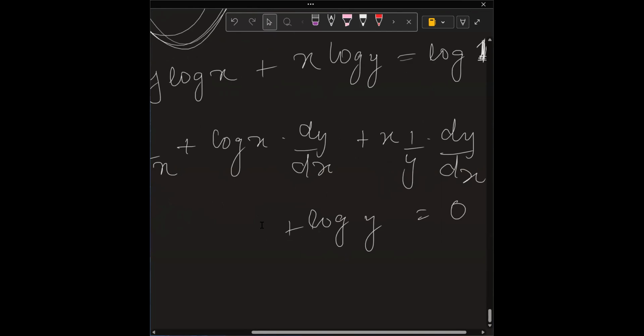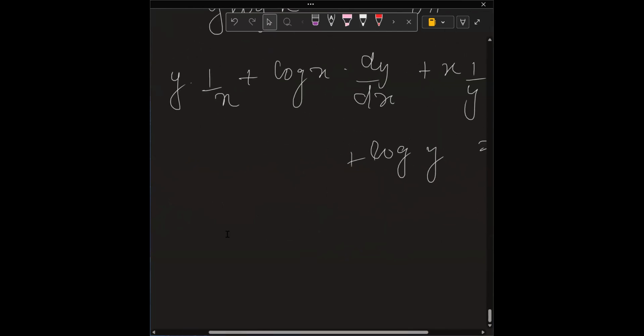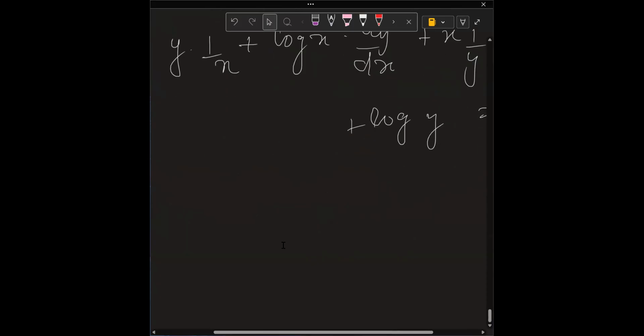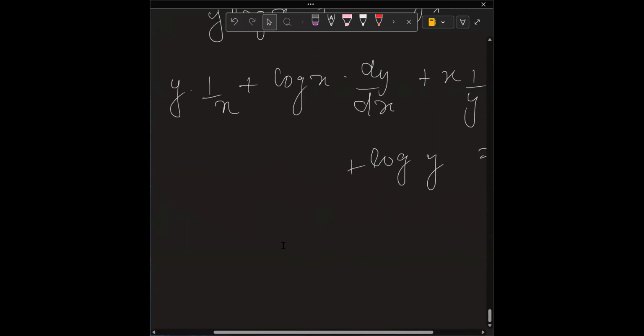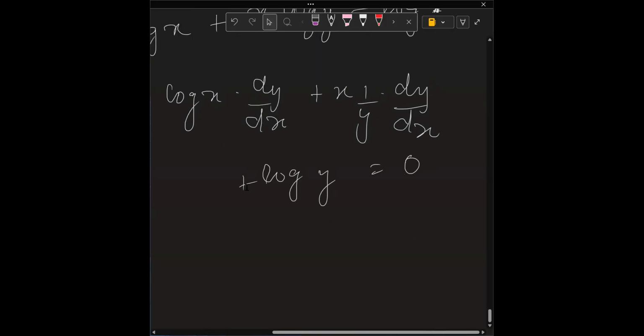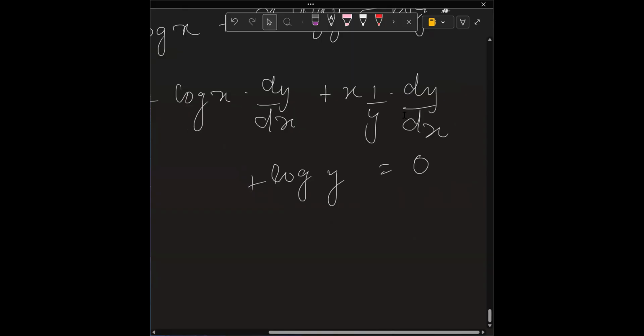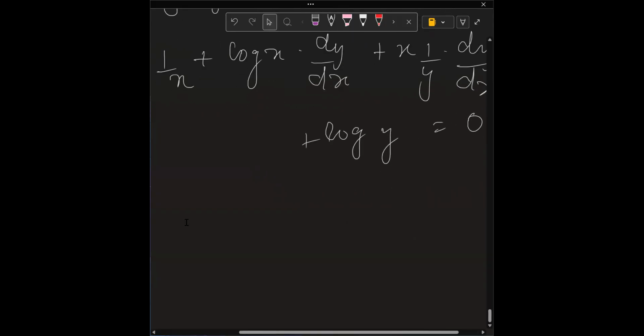So now let's combine all the elements. Sir, it will be y by x plus log x dy by dx plus x by y plus log y dy by dx. See, we have dy by dx in two terms, this one and this one. So just combine these two things. Let's see what we are getting.